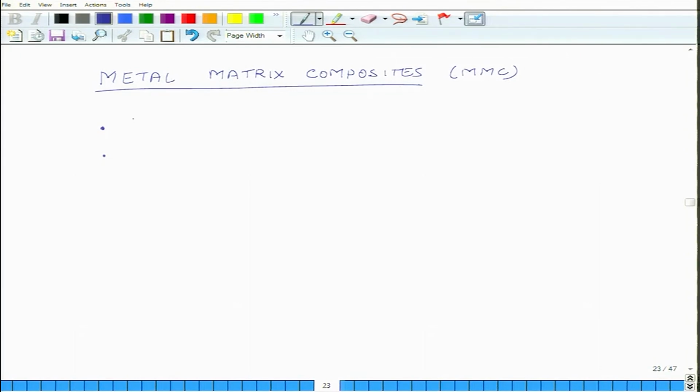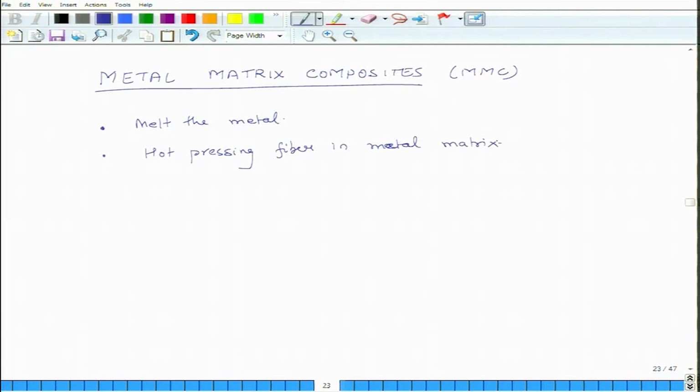So, one way is to melt the metal. This is one way, and we will discuss both these methods in detail somewhat. The second method is by hot pressing, fiber in metal matrix.